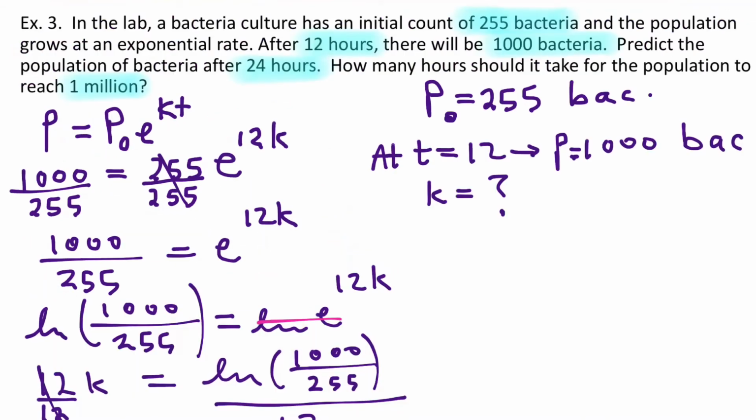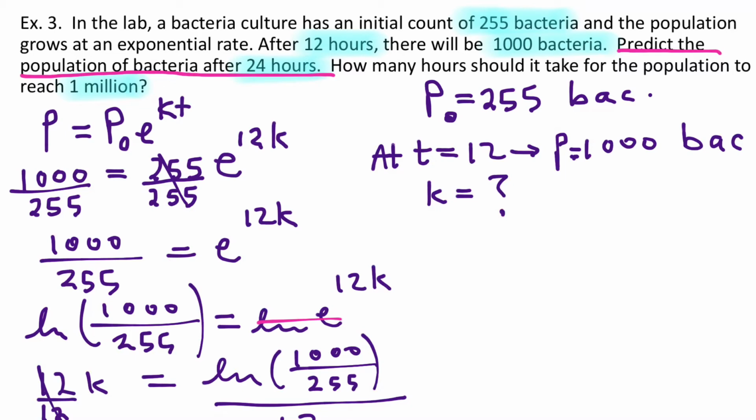Okay, now let's go back to the question and see what we're being asked. The first thing it says is predict the population of bacteria after 24 hours. So now we have the rate. Our time would be 24. Now let's see, what would be our P0?